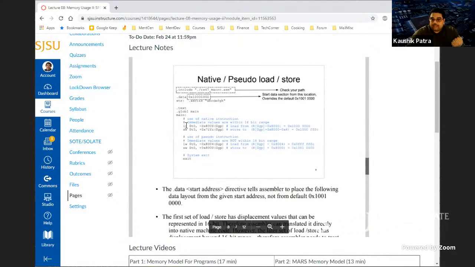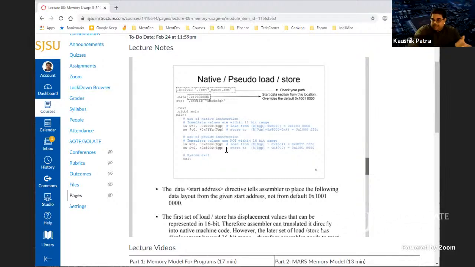For example, these two look very much like the primitive load word, but they are not. This one is primitive, but this one is not primitive. This is a pseudo. So you need to understand that subtle difference, though it looks very similar in the formatting of the instruction.